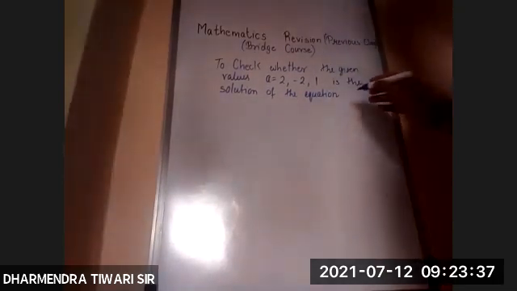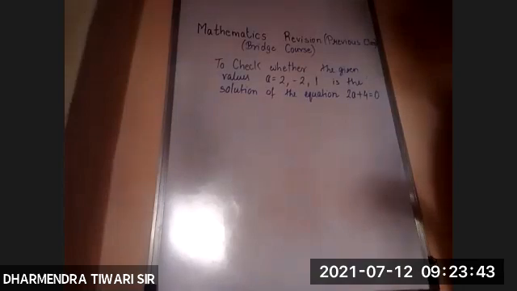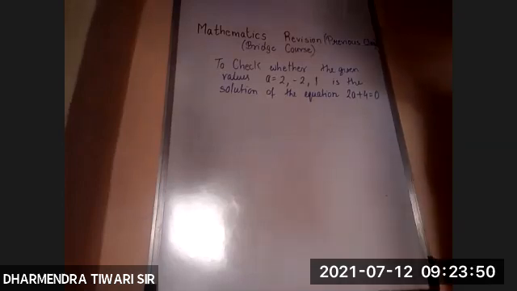Equation is 2a plus 4 is equal to 0. Now, what I have told you regarding the solution.